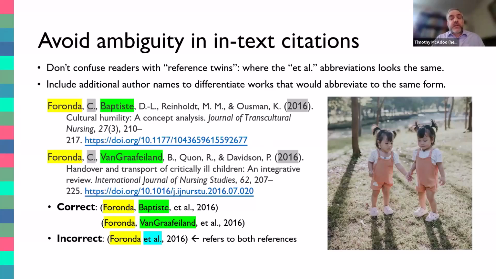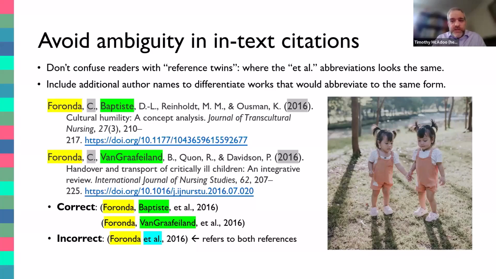So to clarify that, when you find that two different references in your list would both use that same et al. abbreviation and have the same date, you just spell out an extra author name in each of the citations.